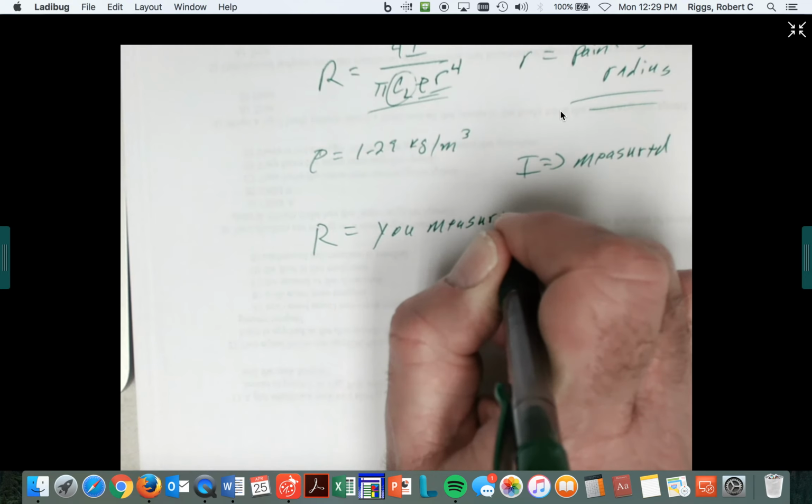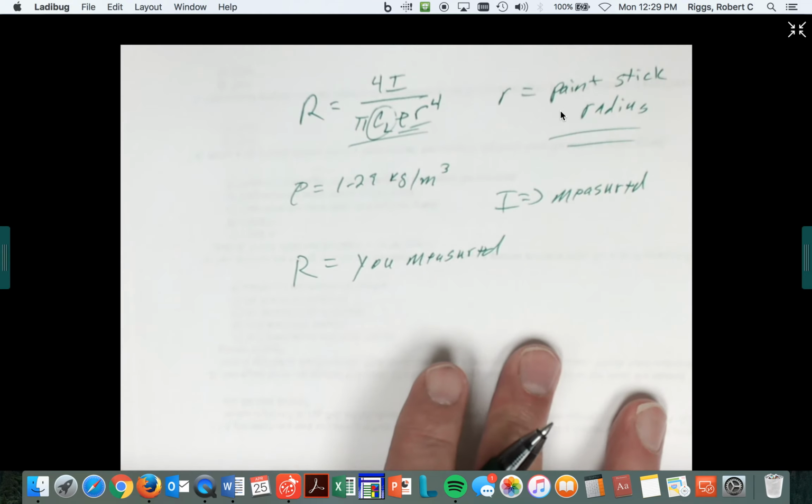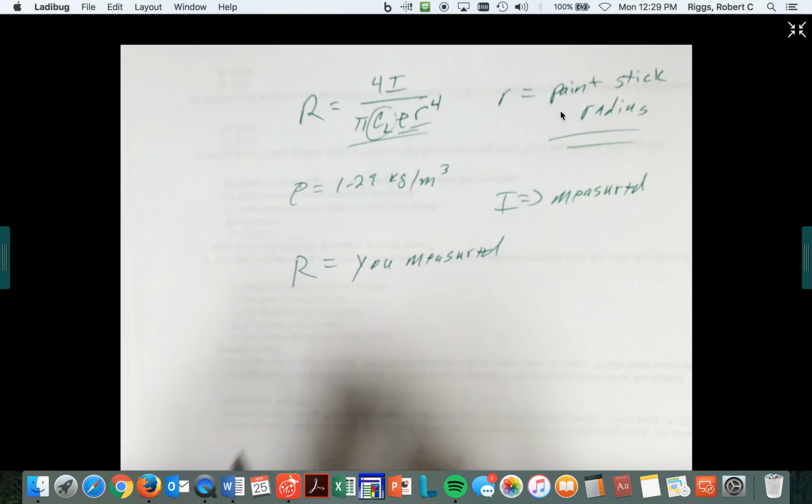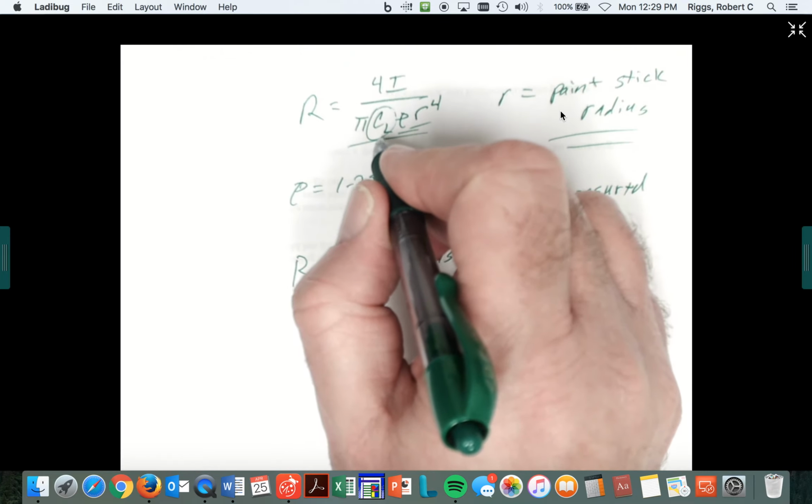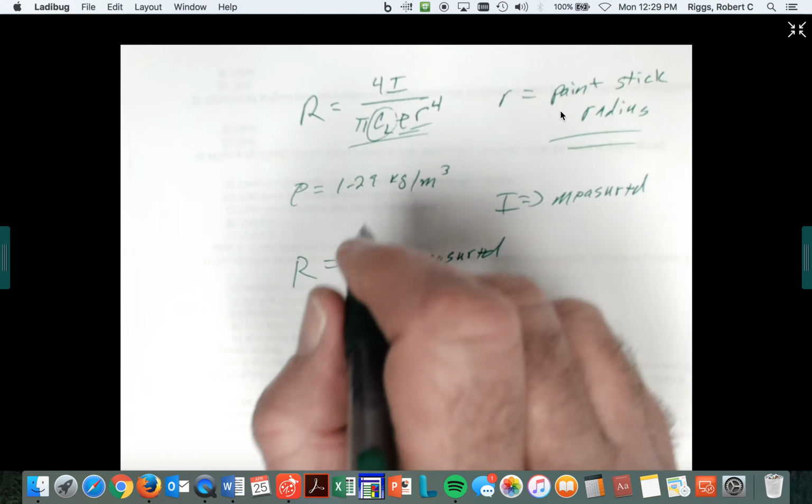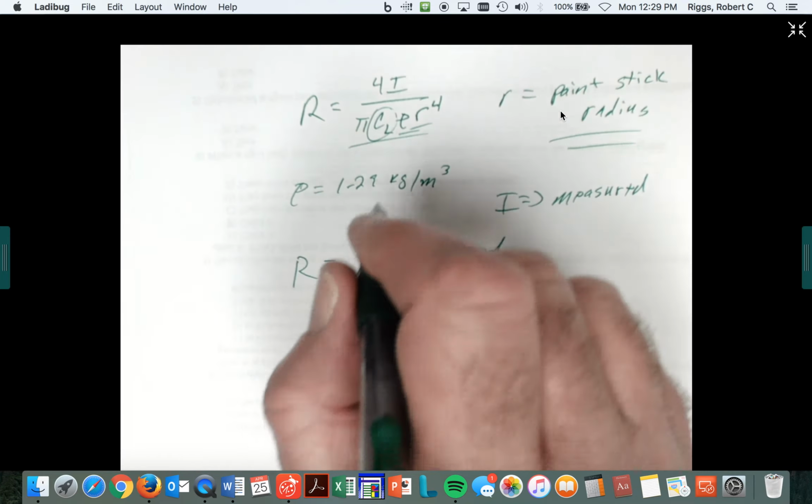And it's pretty simple. I'm just going to write it out for you. Basically what I would do is multiply CL by both sides. So you get CL times R is equal to 4I CL, because I have to multiply it over here, divided by pi CL rho little r to the fourth.